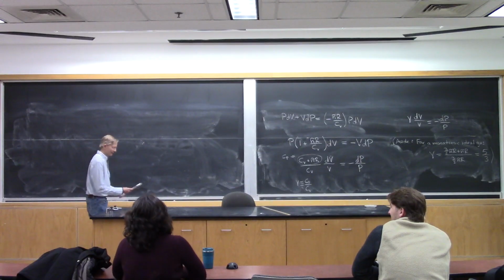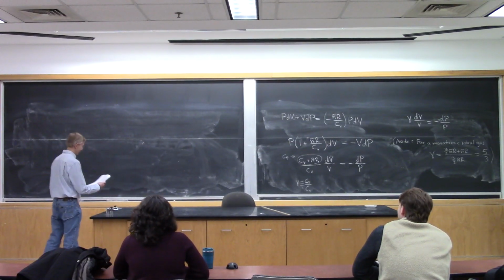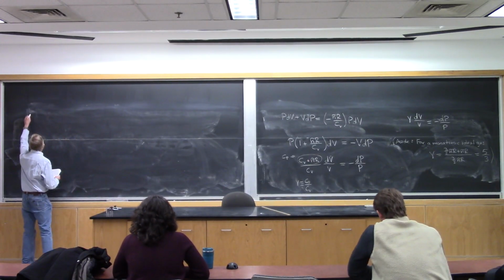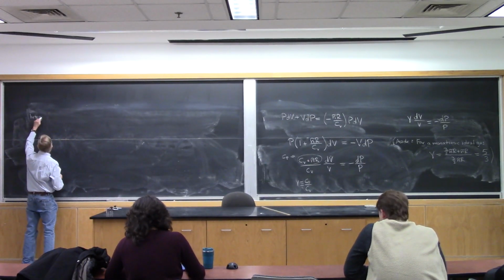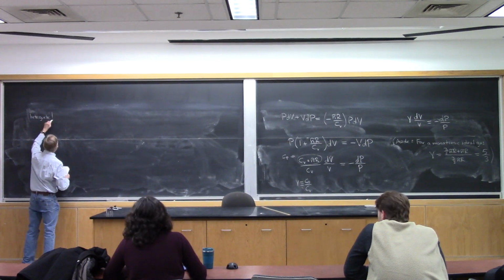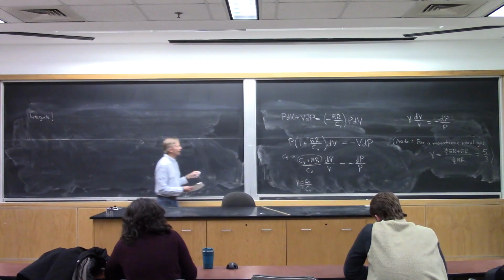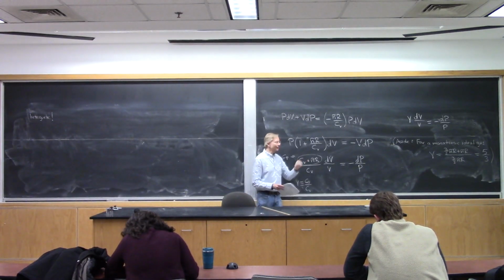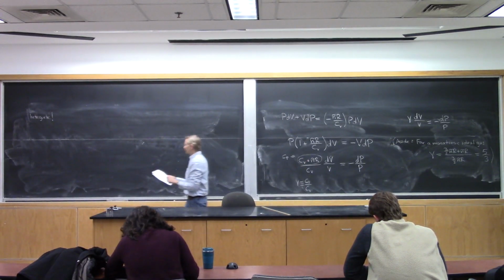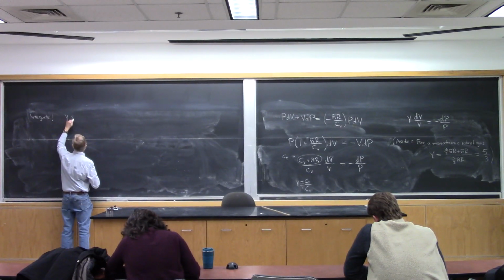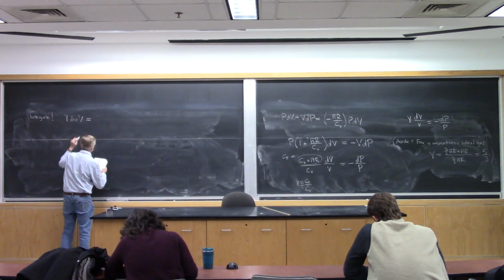All right then. So, okay. Integrate! So, the integral of dV over V is natural log V. So we'll have gamma natural log V on the left side.